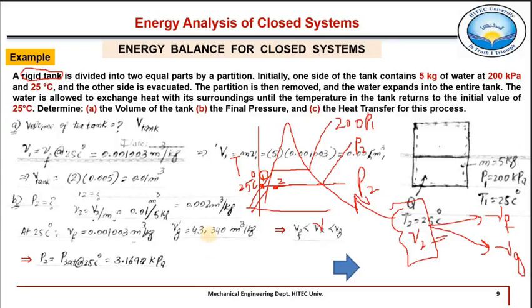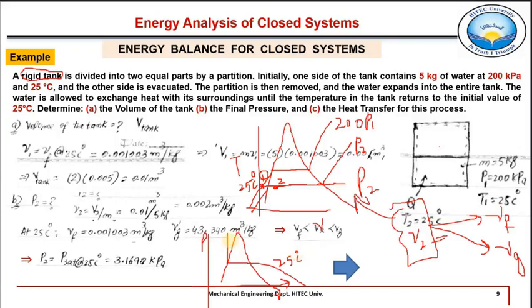So the same process can be shown on the PV diagram also. Let's show it on the PV diagram. This is the pressure versus volume diagram. On the pressure versus volume diagram, this line, for example, represents temperature of 25 degrees Celsius.